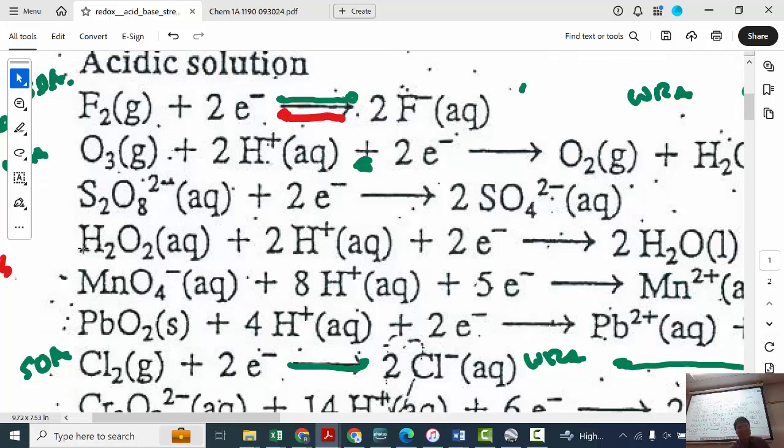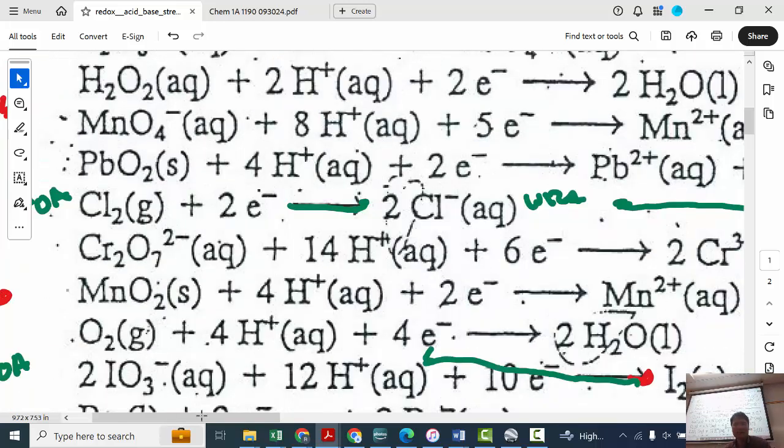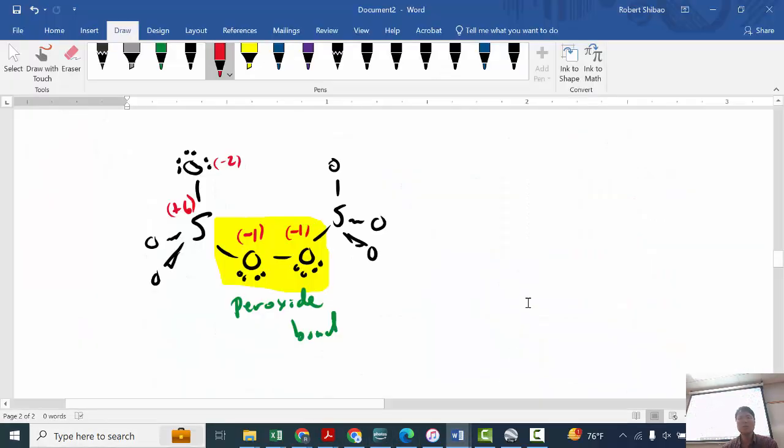Maybe this is hard to visualize. Do you know where I get the normal oxidation state range? I get it from the Lewis symbol. The Lewis symbol for sulfur shows 6 valence electrons.